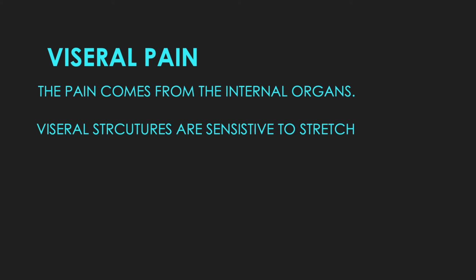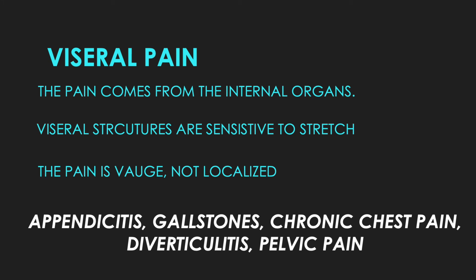So when you have pain that comes from one of these organs, instead of the pain being directly to where you can point to that pain, the pain is diffuse. It's all over. It's vague sometimes. You'll see this in patients who are suffering with appendicitis or gallstones or even chronic chest pain, diverticulitis, or pelvic pain.